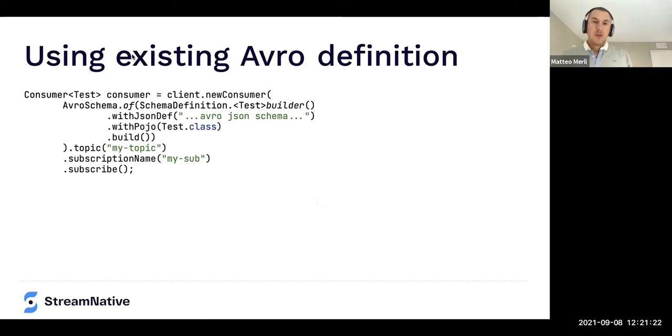Another way, as I mentioned, is that you might already have an Avro definition for your schema. If you're using Avro, typically you have this JSON definition of your schema, so it's kind of an Avro format. And this JSON string contains the list of fields, the type name, and so on.